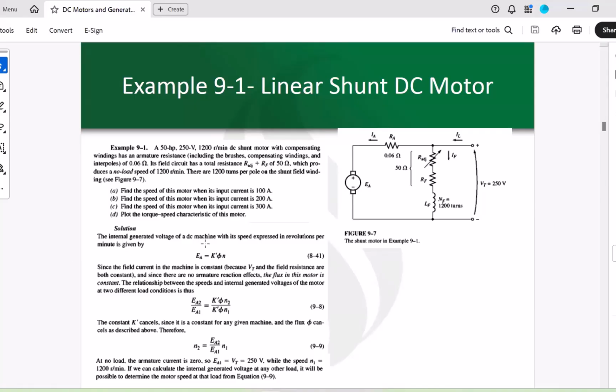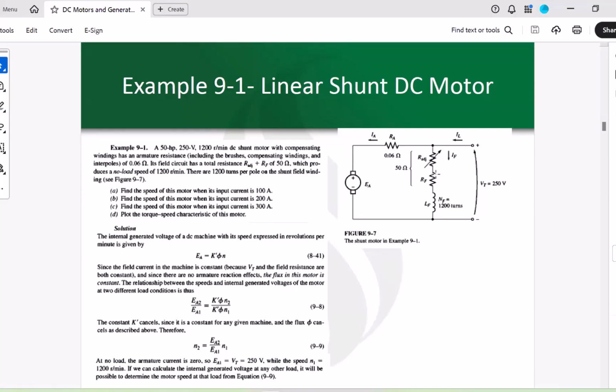The internal generated voltage of the machine, with its speed expressed in revolutions per minute, was chi prime phi n. So EA was equal to a constant chi prime times phi times n. Now, the field current in the machine is constant. Why? Because we're assuming that the machine has compensating windings.